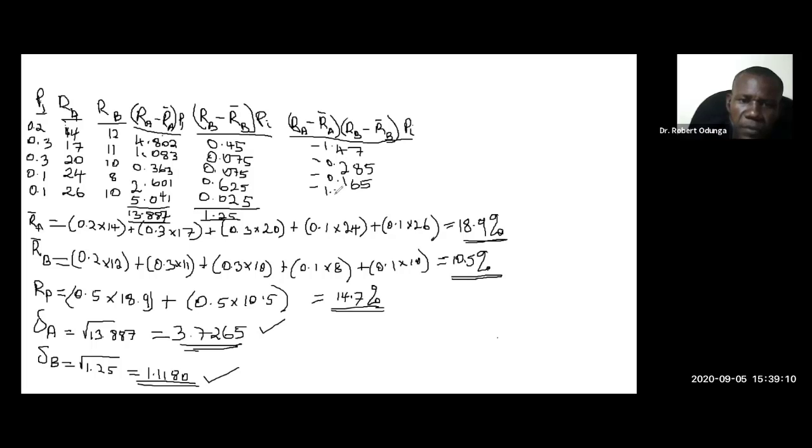Negative 1.275. 1.275. Negative 1. Yes. Okay, the last one.